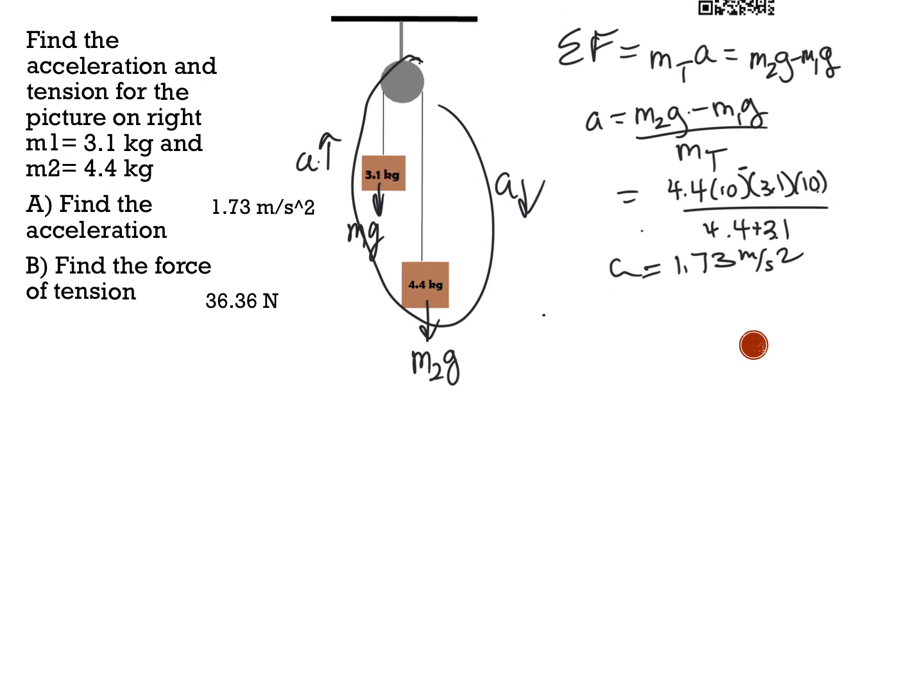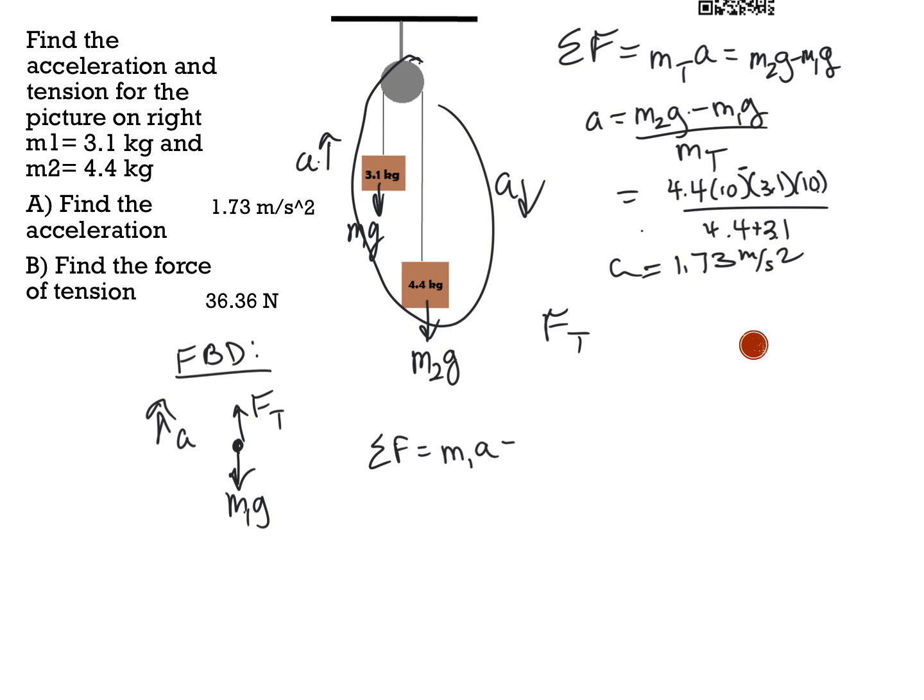Now, to find the force of tension, we just need to look at one of them. If we look at the free body diagram for mass 1, we have m sub 1g going down and the force of tension going up. We know this thing is accelerating upward, which means the sum of forces, equal to mass 1 times a, is equal to the force of tension minus mass 1 times g.